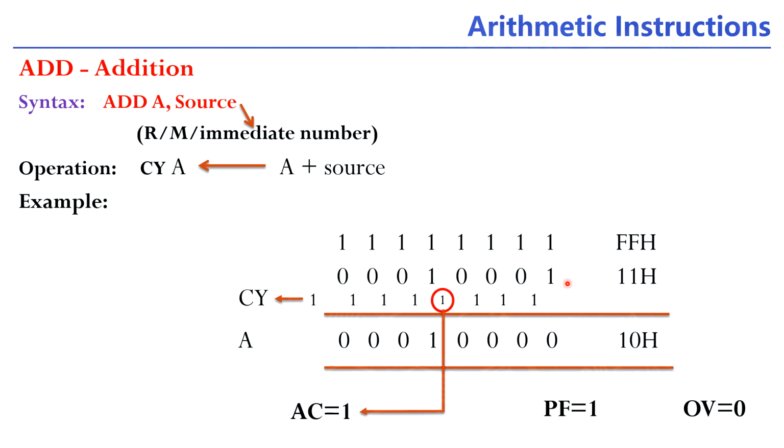So 1 plus 1, right, that is 0, carry 1. 1 plus 0 plus 1 is 0, carry 1, right. 1 plus 0 plus 1 is 0, carry 1. 1 plus 1 is 0, carry 1. 1 plus 1 plus 1 is 1, carry 1, right. 1 plus 0 plus 1 is 0, carry 1. 1 plus 0 plus 1 is 0, carry 1. 1 plus 0 plus 1 is 0, carry 1.